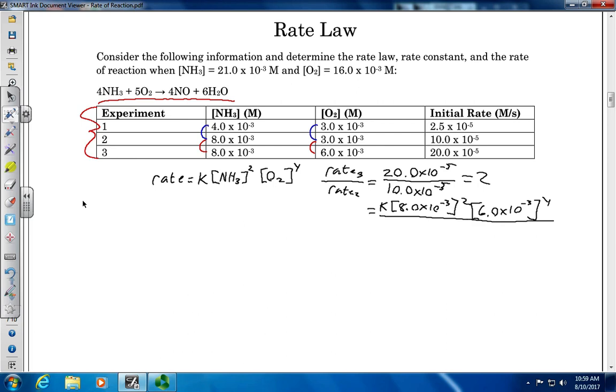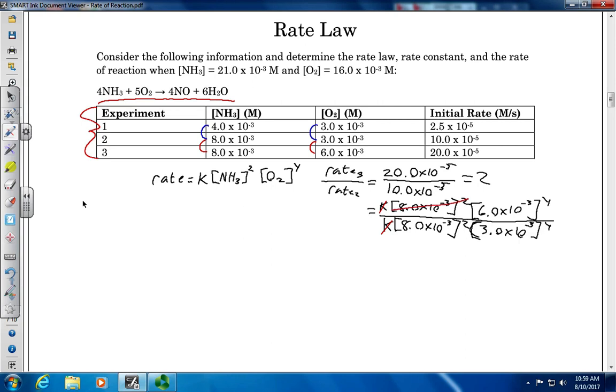And then rate 2 is k times 8.0 times 10 to the minus 3 squared times 3.0 times 10 to the minus 3 to the y power.